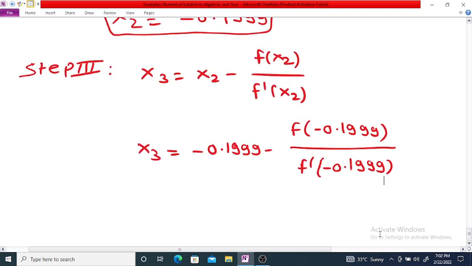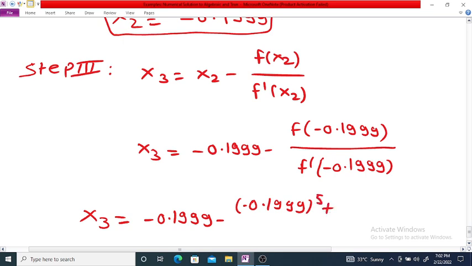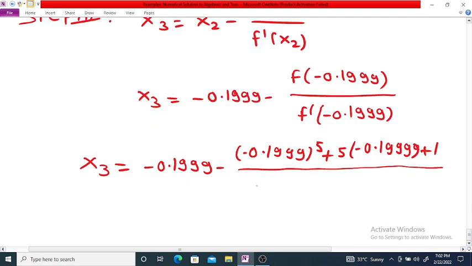So x3 is equal to minus 0.1999 minus f of it, that is x raised to 5. If you solve this x raised to 5 and f dash of it, we get minus 0.1999 raised to 5 plus 5 times minus 0.1999 plus 1, divided by f dash of minus 0.1999, that is 4 plus 5.